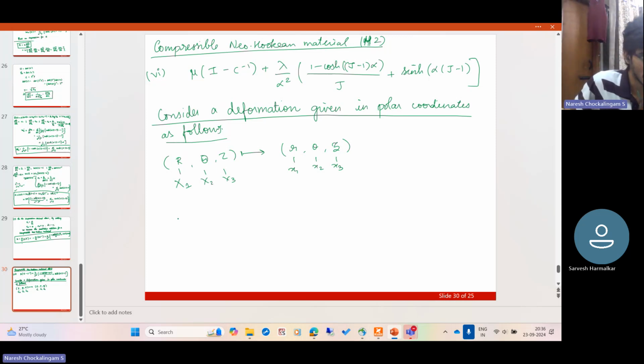Under this deformation, you can consider a deformation given as small r is equal to capital R, small theta is equal to capital Theta plus dZ, and small z is equal to capital Z. So this is a deformation field.